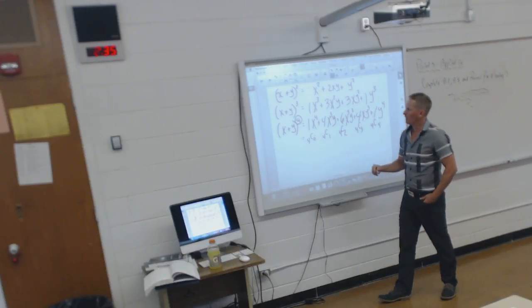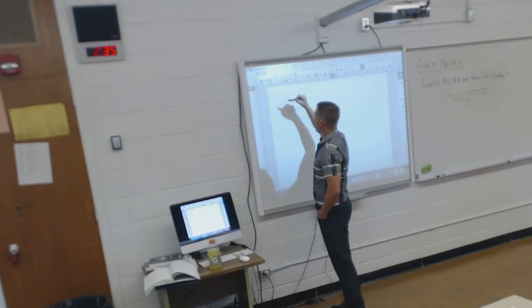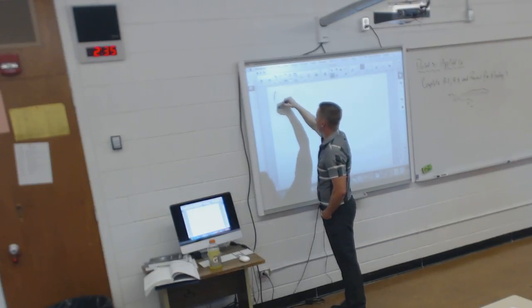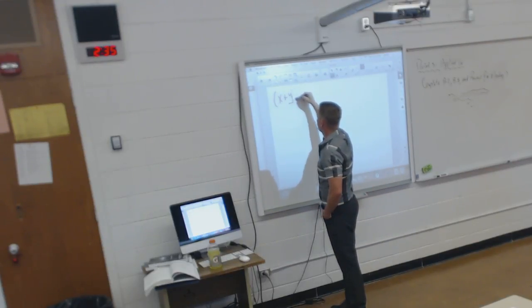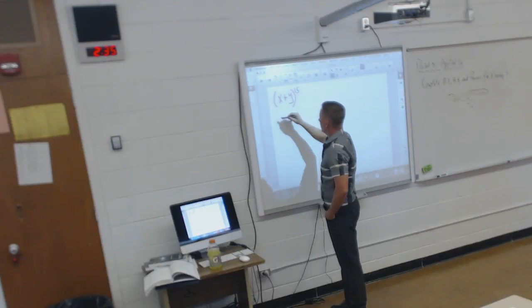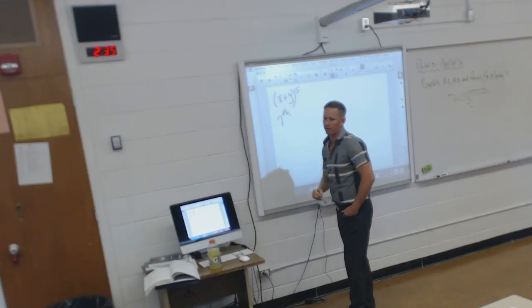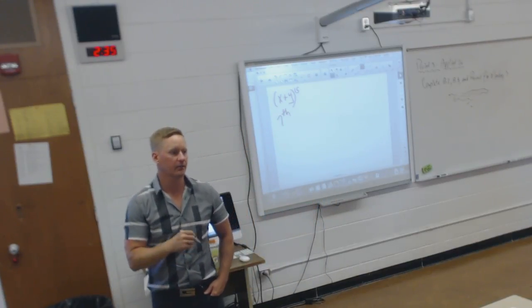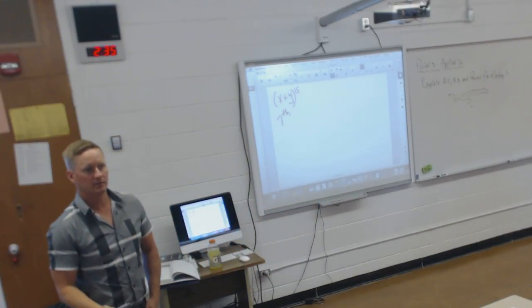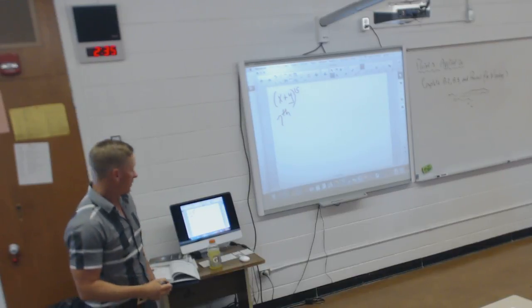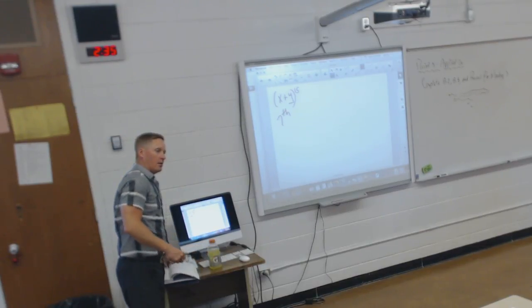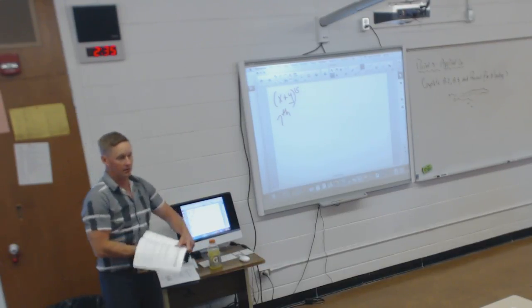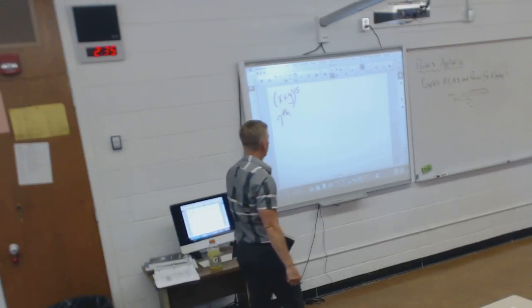Okay? So now if I asked you to do this, and let's say I only wanted the 7th term. I'm asking you to figure out what the 7th term is at this point. Okay, go ahead, let's see what you got.